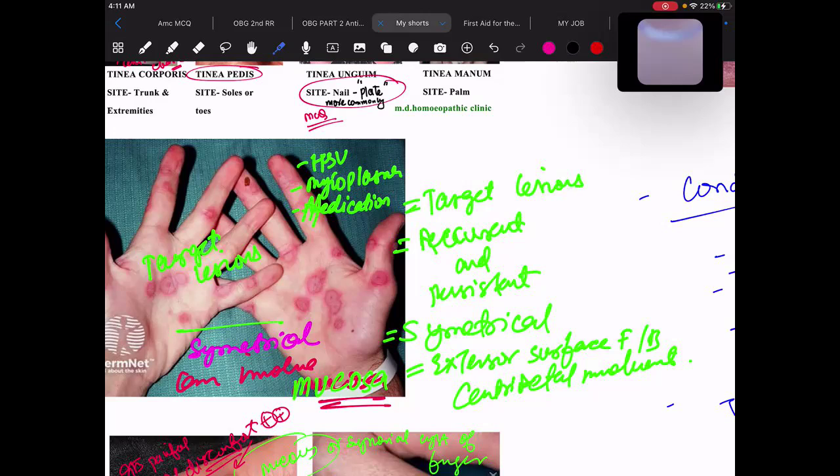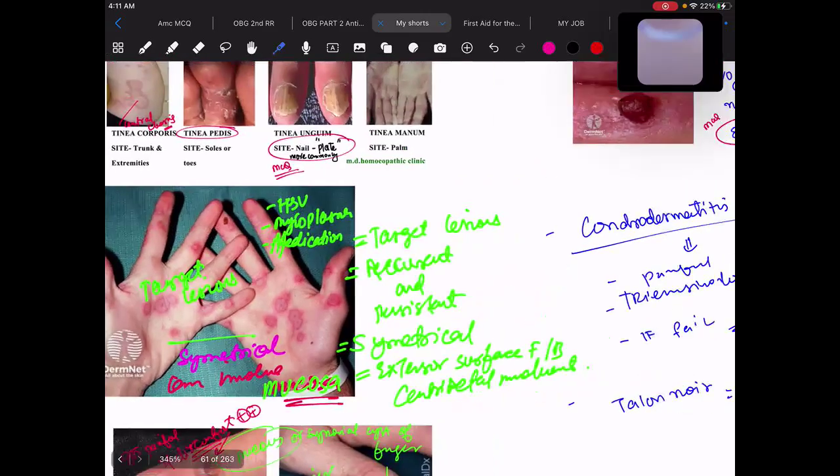These are symmetrical, sometimes they involve the mucosa also, and they may be recurrent and persistent. They go to the extensor surface followed by centripetal involvement. And what is the treatment? You need to use a topical steroid cream, along with an emollient.